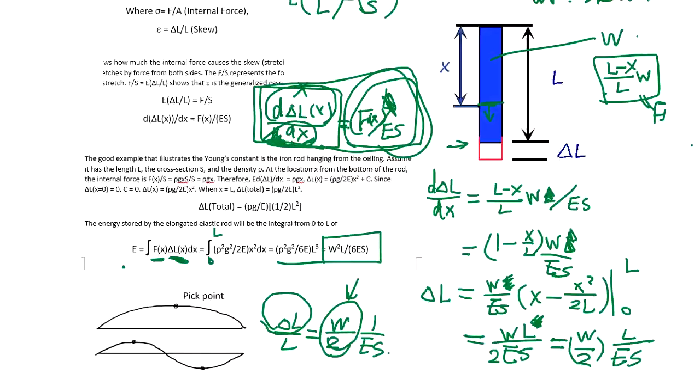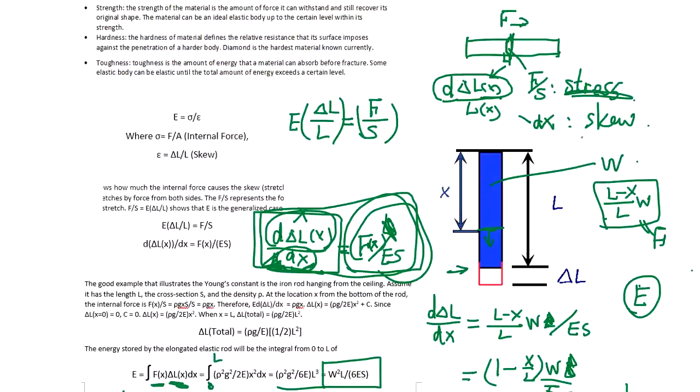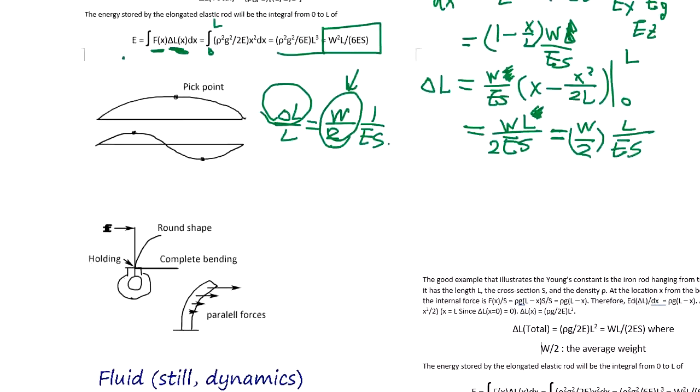So Young's constant works for any internal stress and strain, but in 3D space you are going to have a Young's constant for the x direction, y direction, and the z direction, right? Okay, so it's like this.